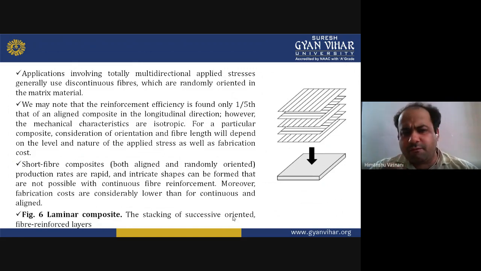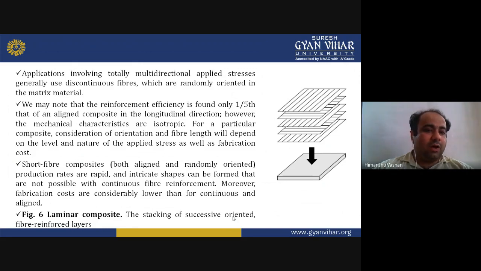For short fiber composites, both aligned and randomly oriented, production rates are rapid, and intricate shapes can be formed that are not possible with continuous fiber reinforcement. Moreover, fabrication cost matters a lot, and here the fabrication costs are considerably lower than for continuous and aligned fibers.